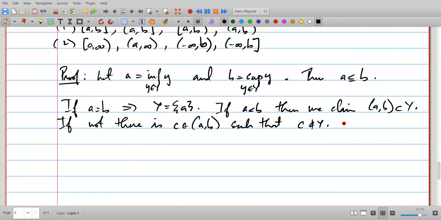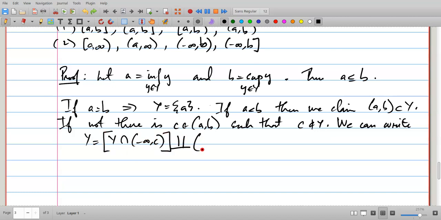And so we can write Y equal to Y intersected (-∞, c) disjoint union Y intersected (c, ∞). Which implies that Y is not connected.